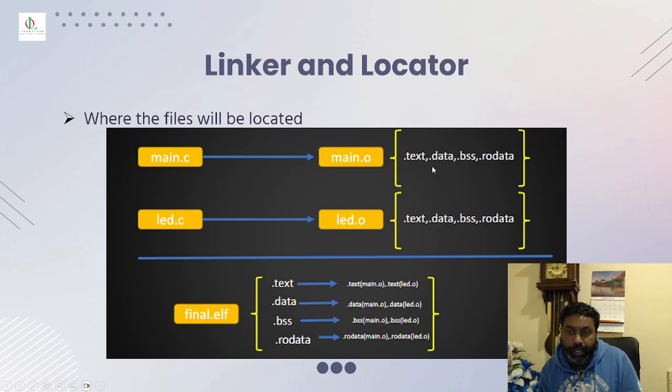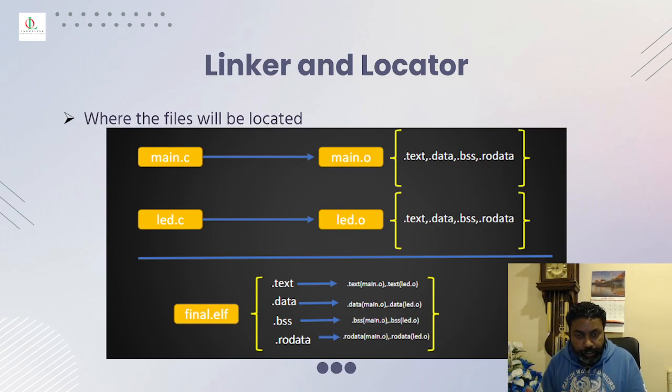Likewise, it will take .data from these two files and go into the ELF and save into .data, and likewise for .bss. It copies and gathers both files and saves them under .bss. Likewise, rodata. So this is how the final .elf happens, and this happens in the linker.